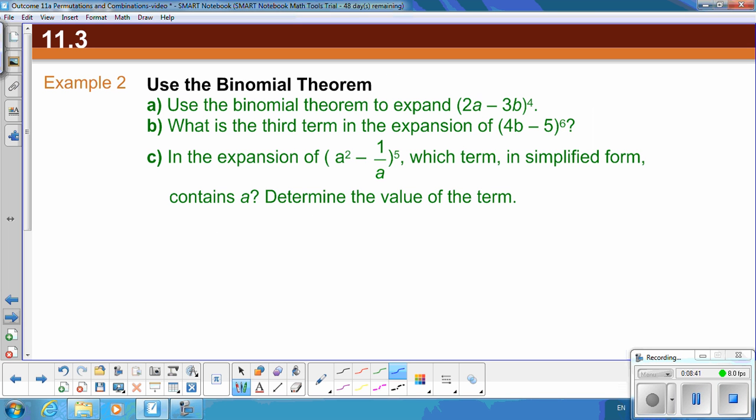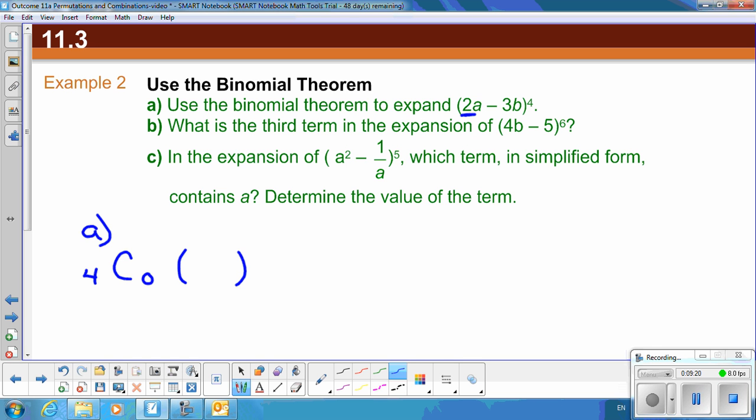Example number 2. Use the binomial theorem to expand 2a minus 3b to the power of 4. Okay, to expand 2a minus 3b to the power of 4, so part A, our first term is going to come from, if we use the combinations coefficients, 4, because my exponent is 4, so it becomes 4C0 as the coefficient.